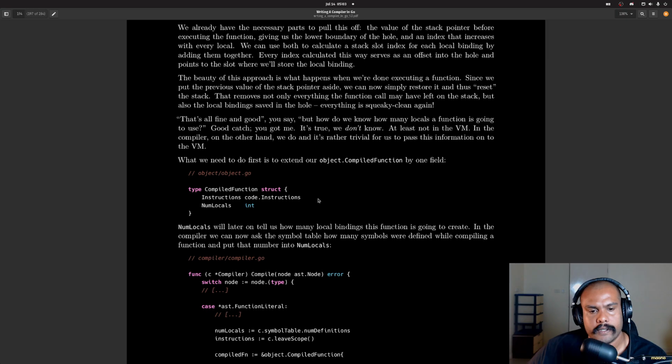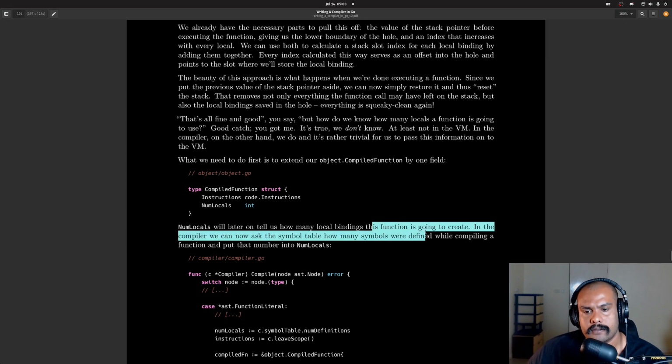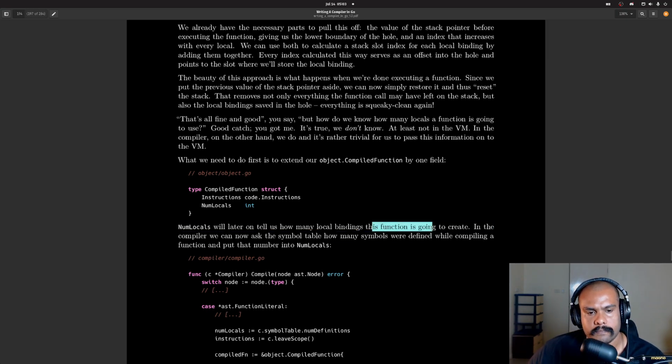NumLocals will later on tell us how many bindings this function is going to create. In the compiler, we can now ask the symbol table how many symbols were defined while compiling a function and put that number into NumLocals.